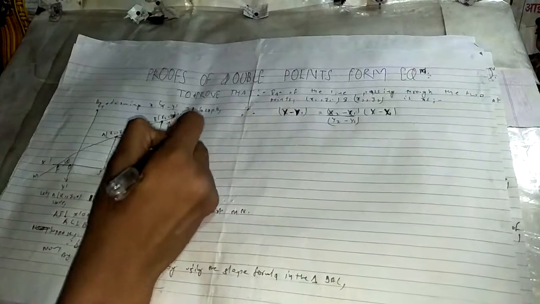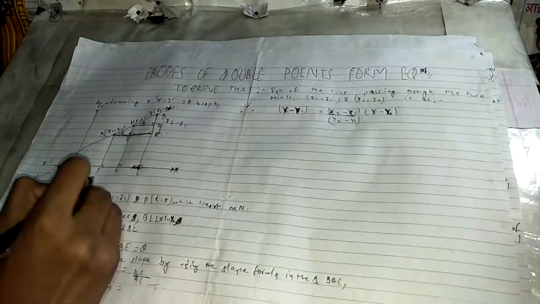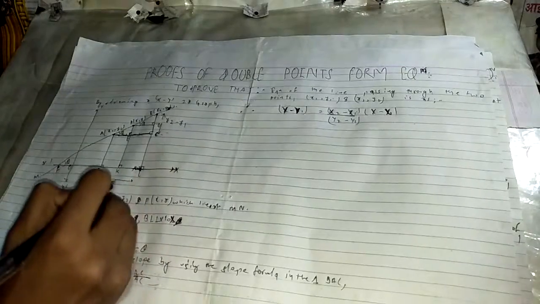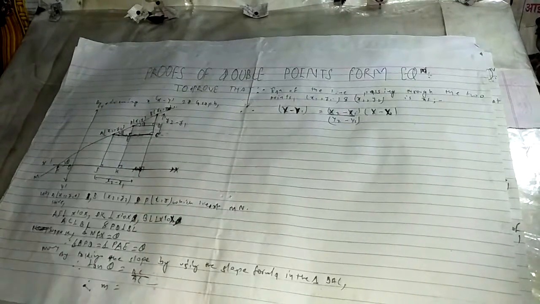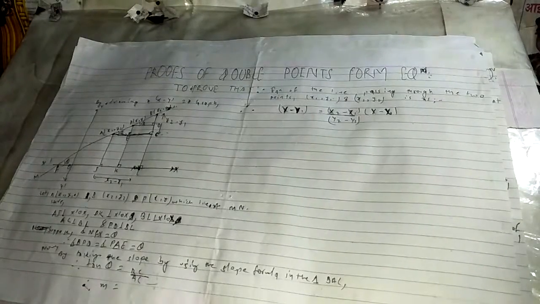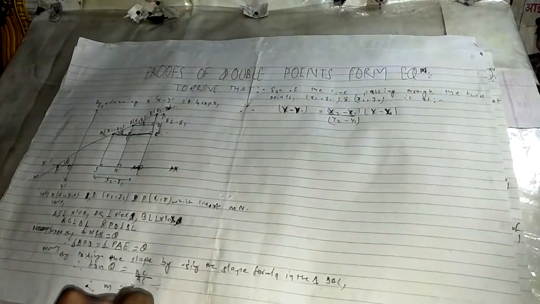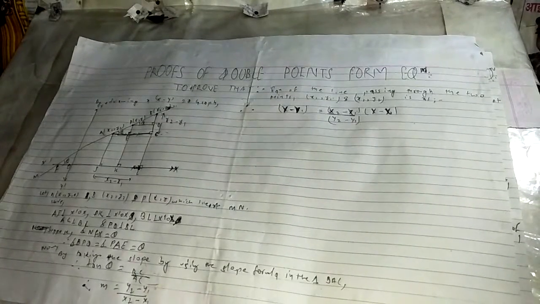BC is equal to y2 minus y1, and AC is equal to x2 minus x1, so that m equals y2 minus y1 by x2 minus x1.